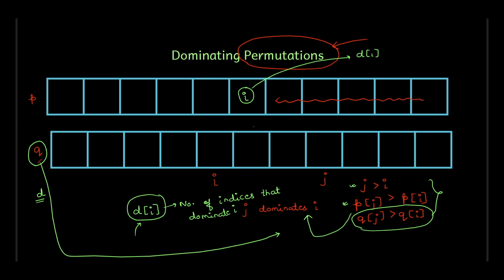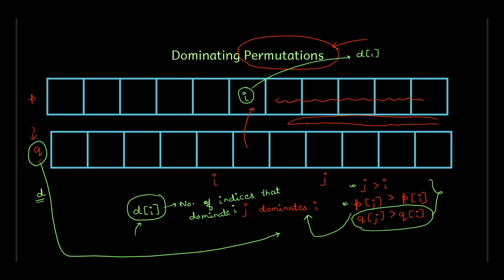This means that if we want to lock down the element that you want to put at the ith position, you should at least see all the elements that are to the right of it. Only then you can make an educated guess. And by the way, P and Q are permutations, in case you forgot. So the array that you have to construct should also be a permutation.